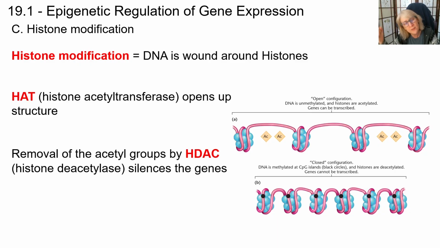If I remove those acetyl groups, the enzyme that does that is HDAC, histone deacetylase, an enzyme that takes my acetyls and removes them from my histones. It actually causes the genes to be silenced. Adding acetyls to the histones makes them more accessible. Removing the acetyls from the histones makes them less accessible.